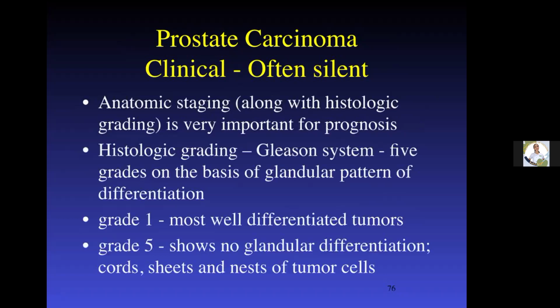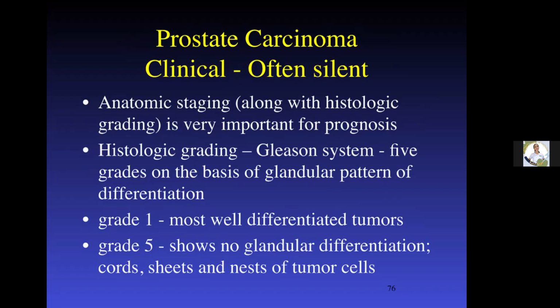So anatomic staging along with histologic grading is very important for prognosis. Histologic grading of prostate cancer is by the Gleason system. The Gleason system uses 5 grades on the basis of the glandular pattern of differentiation.